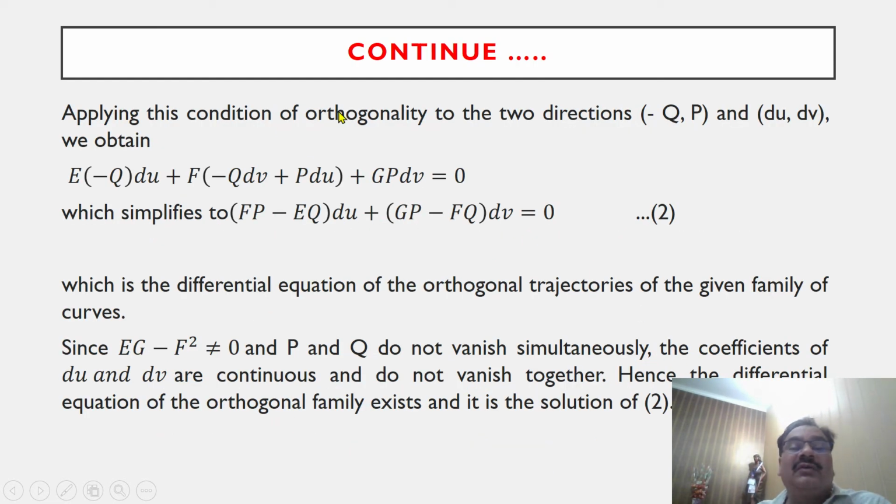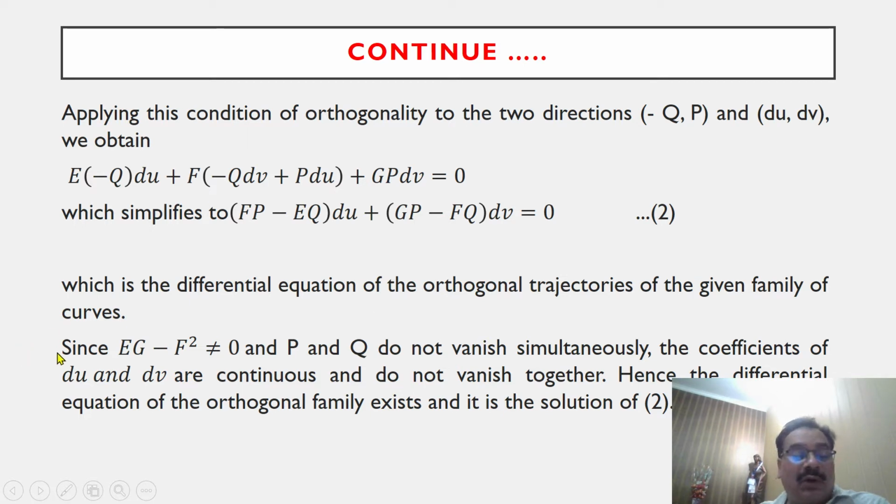Applying this condition of orthogonality to the two directions -Q, P and du, dv, we obtain an expression which simplifies to (FP - EQ) du + (GP - FQ) dv = 0. Let this be equation number 2, which is the differential equation of the orthogonal trajectory of the given family of curves.